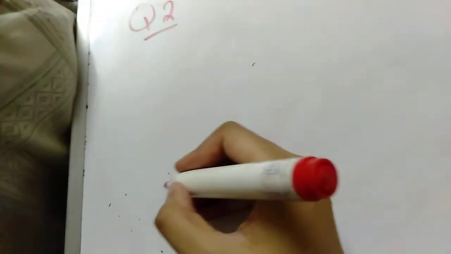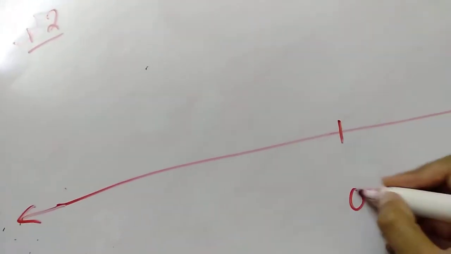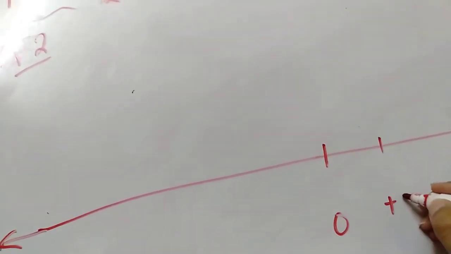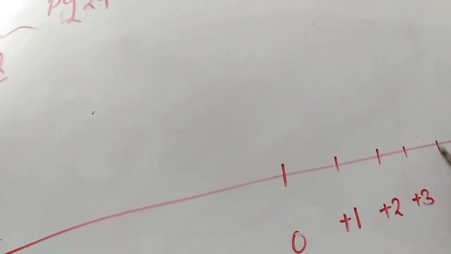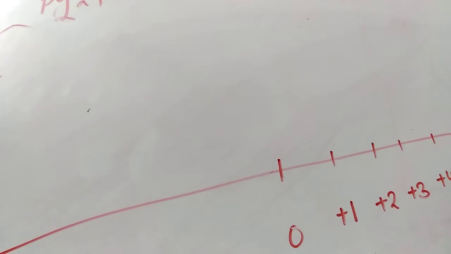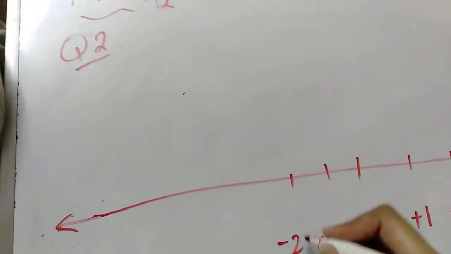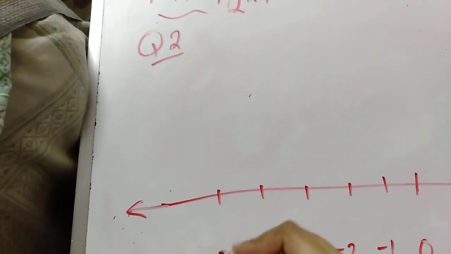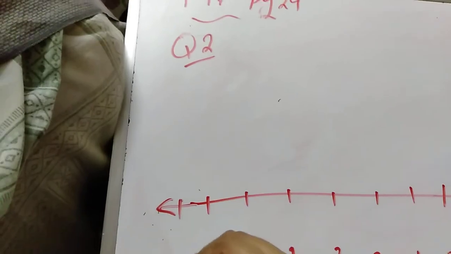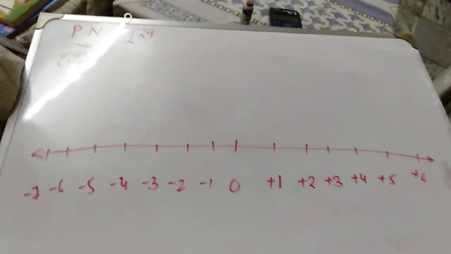So we have a number line and 0 is in between, then +1, +2, +3, +4, +5, and then +6. And here we have -1, -2, -3, -4, -5, -6, -7. We will represent our numbers on this number line.